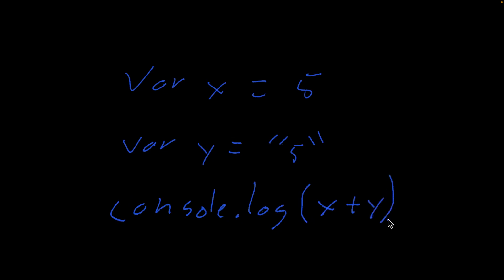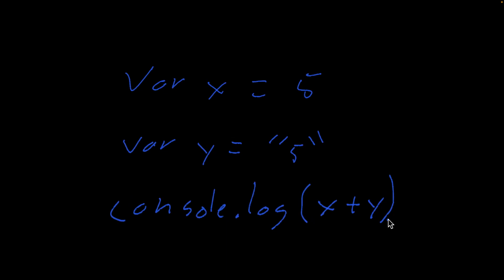Who can tell me? You'd get an error. You get a syntax error. Not exactly, good guess though. You'll just get 5 plus the 5 again, so the number 5. Well, how about maybe 55? Let's find out.